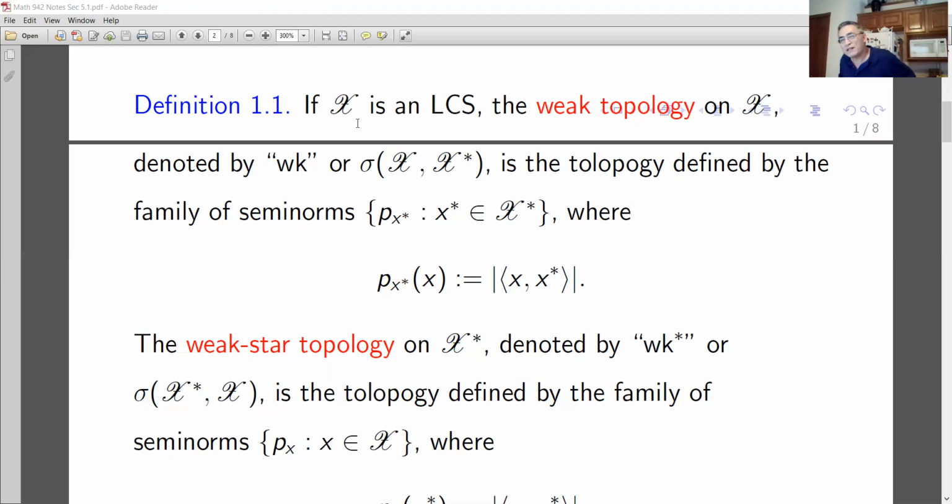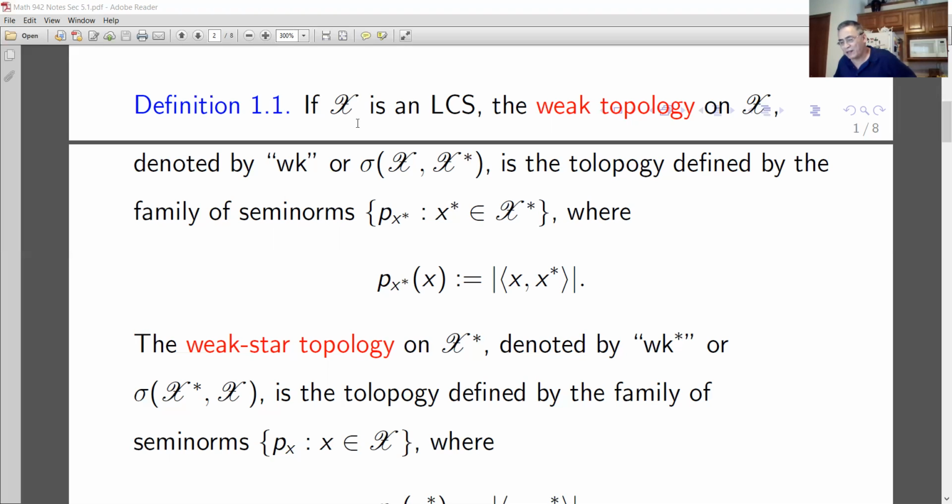So we are talking about the topology defined by a family of semi-norms. And each open set is the union of basic open sets or basic neighborhoods of a point x0.